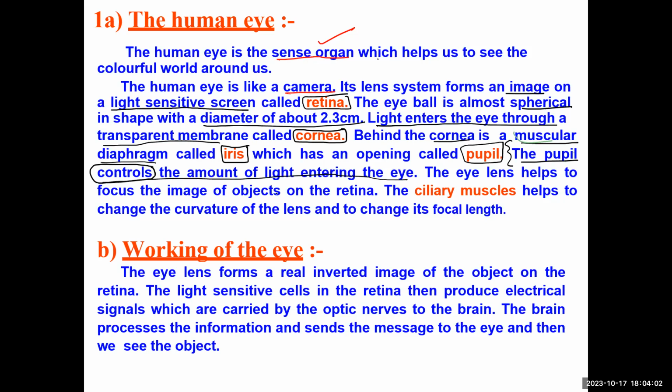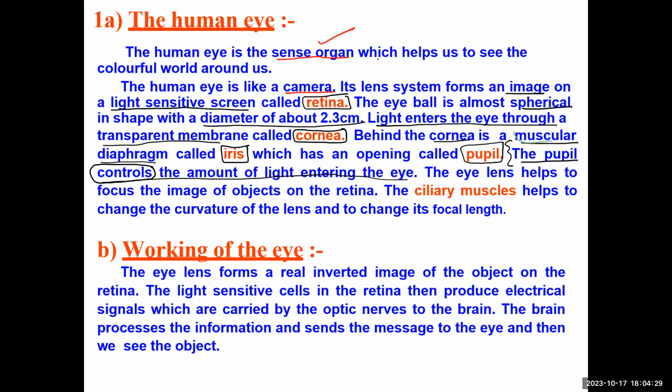The pupil is a part of the eye which tells us about the intensity of the light. If the intensity of the light is more, our eye cannot catch that light. So the pupil is a part of the human eye which controls the amount of light entering the eye.